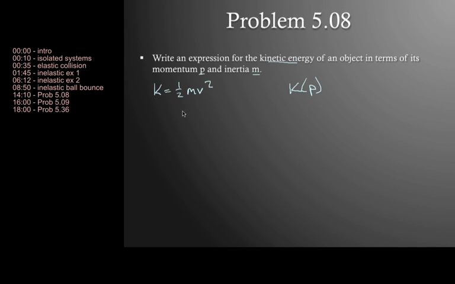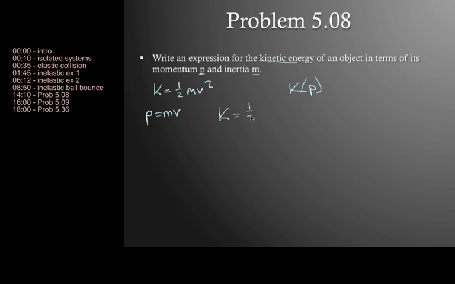So we go back to our definition of momentum, which is mv. So we need to rewrite this expression in terms of p. We have a v squared, so it would be nice if we could put a p squared in here. Let's try that out.